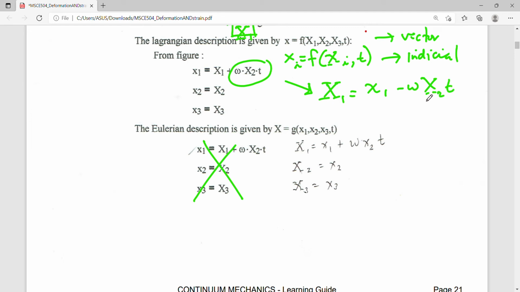But X2 must be converted into an Eulerian description, therefore this now becomes x1 minus omega x2 times t. Okay, so this must be a negative sign.